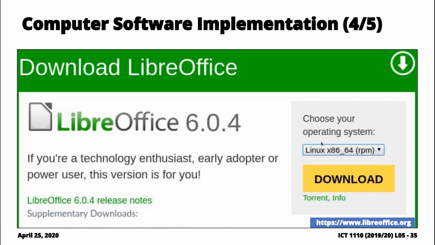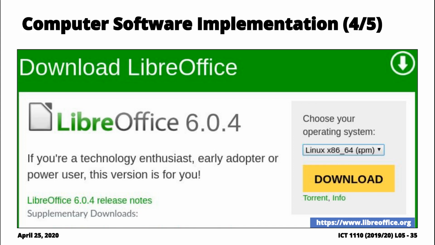Even better, there's an option where you get to specify the hardware architecture where you want to install this piece of software. In my case, my computer, this Lenovo Ideapad 320, is 64-bit architecture, which is why I had to download this x86 64.